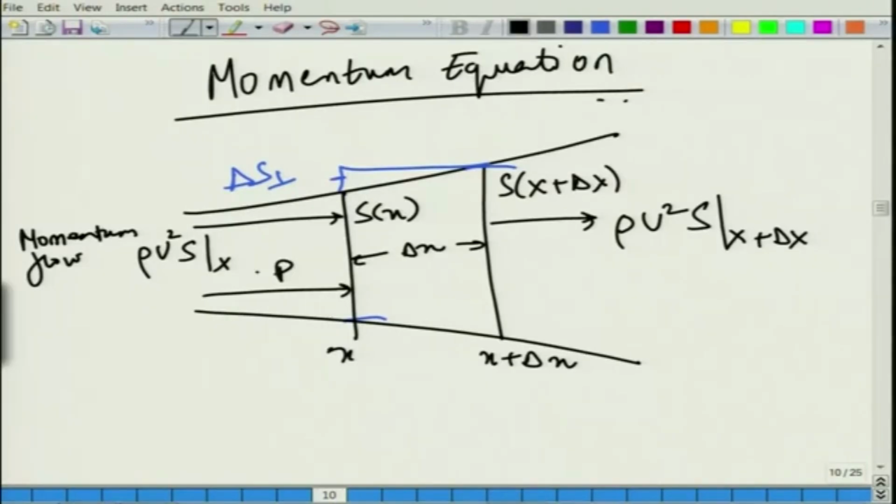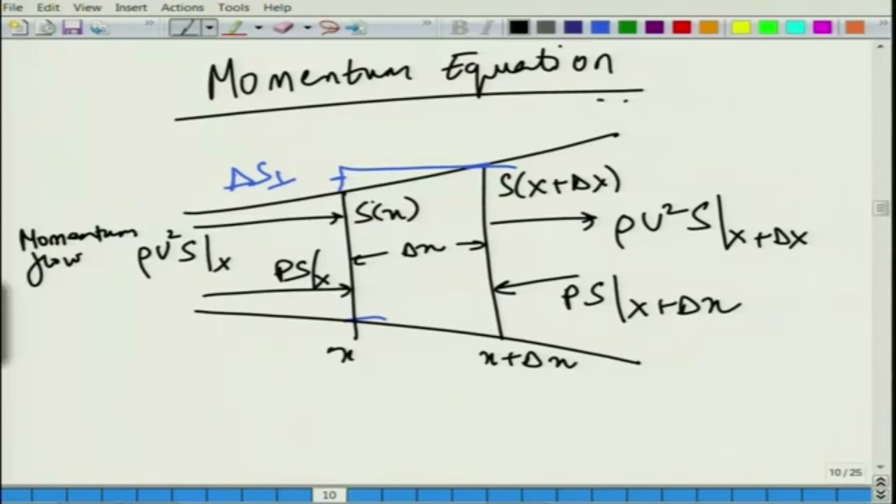So, that is P times the cross section area at x, that is the force that acts here, but then there is an opposite force, P S at x plus delta x. That was also our case when we saw a duct with a uniform cross section area, but now we need an additional term, that is this.